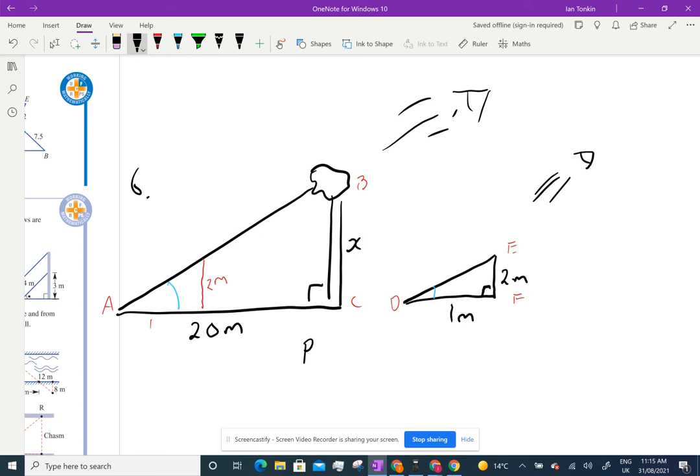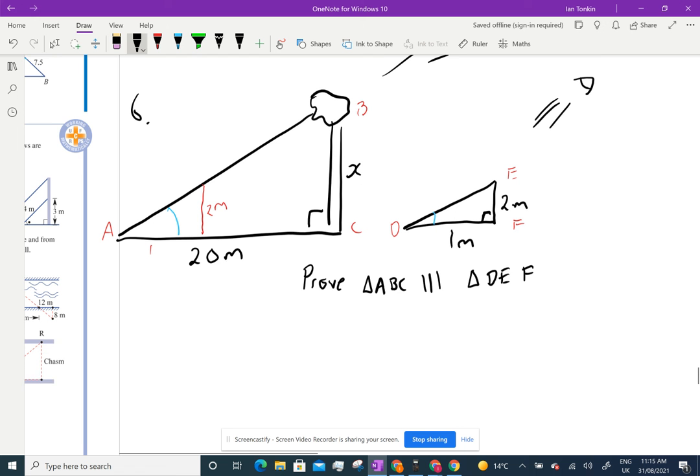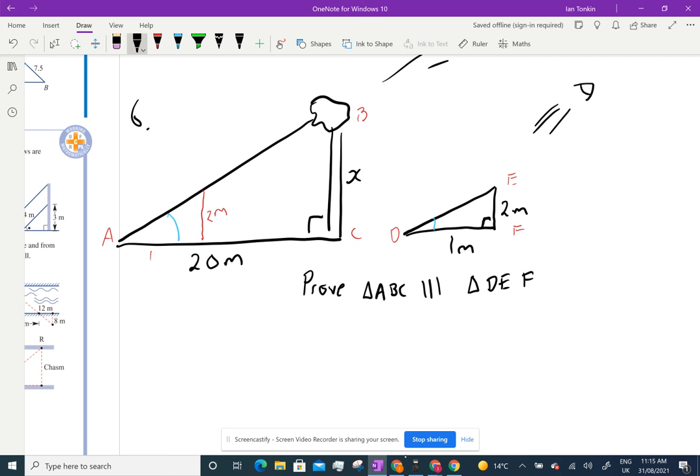So here's my aim: prove triangle ABC is similar to triangle DEF. First of all, the tree is vertical. So angle ACB equals 90 degrees because it's vertical, which also equals angle DFE.